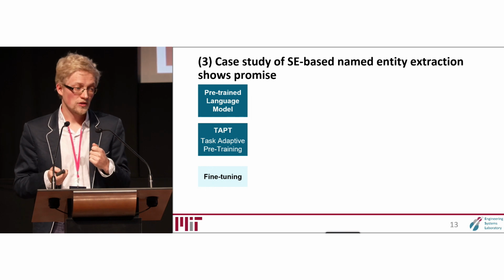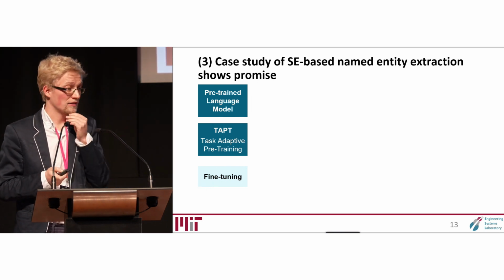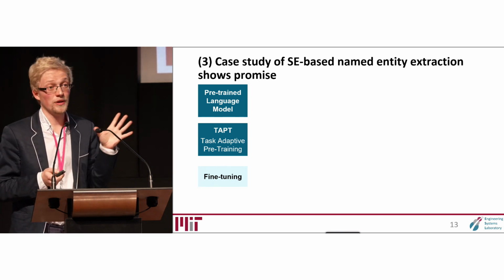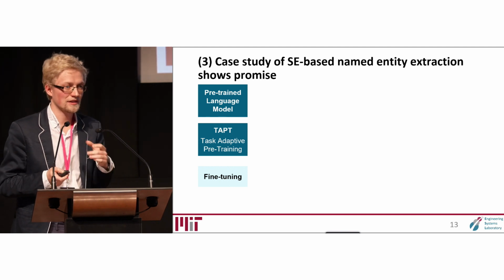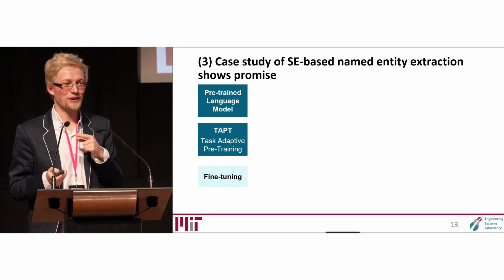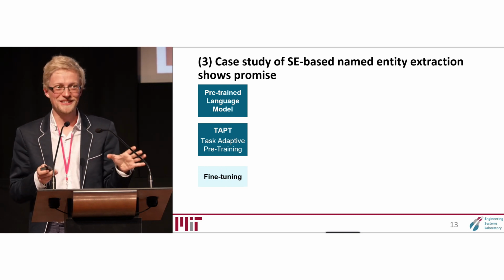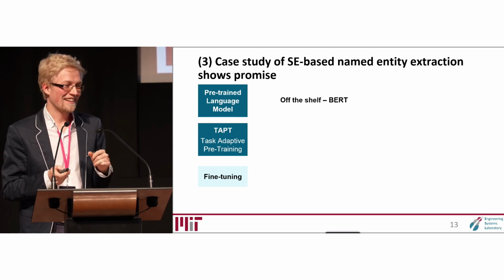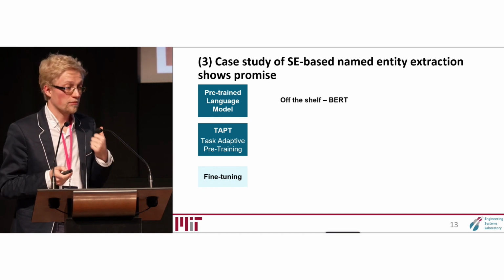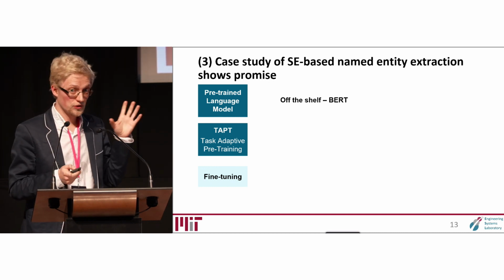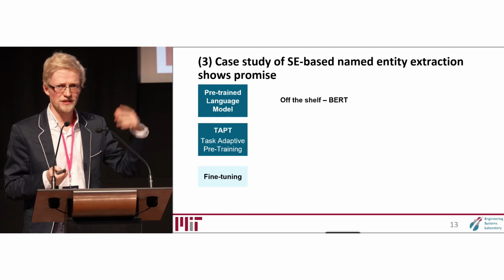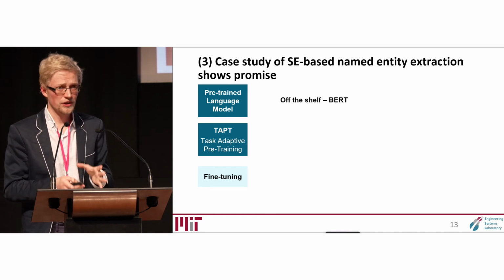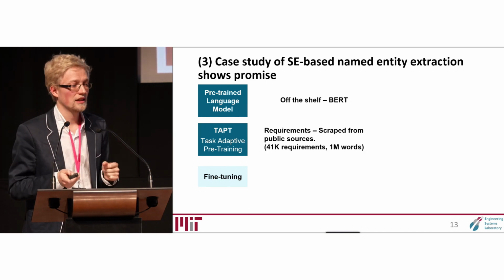So I'll just show you very quickly an example that we did specific to requirements, and this is the research that we are working on right now. But this happened since we actually published the paper, but I still wanted to just give you the preview. So for the pre-trained language model, we just used BERT. We explored other ones, but for here, let's just assume we're using BERT that understands English.